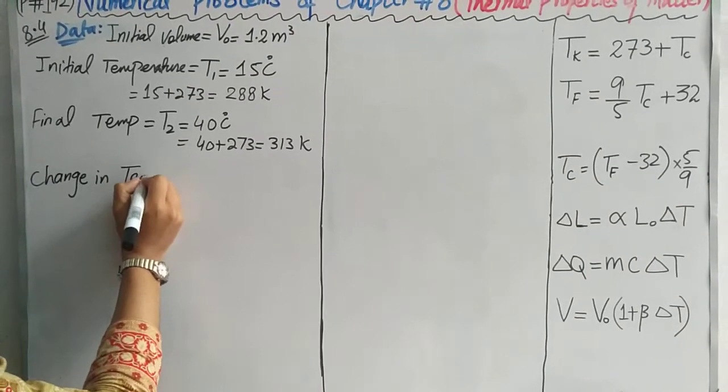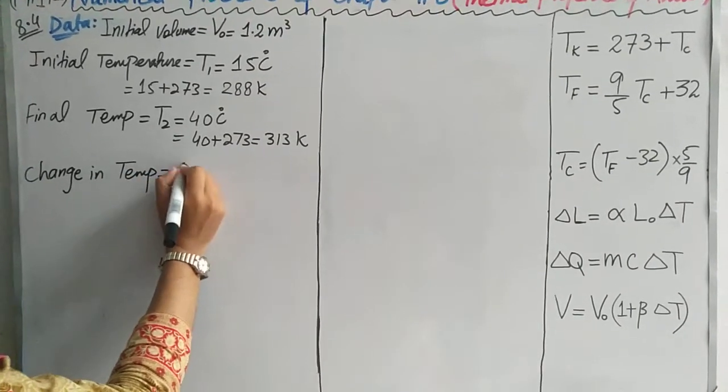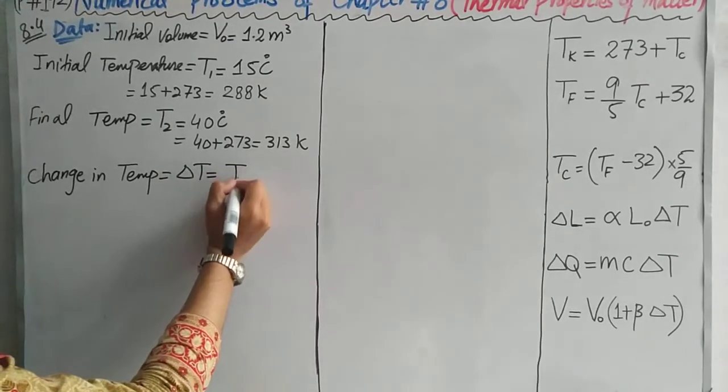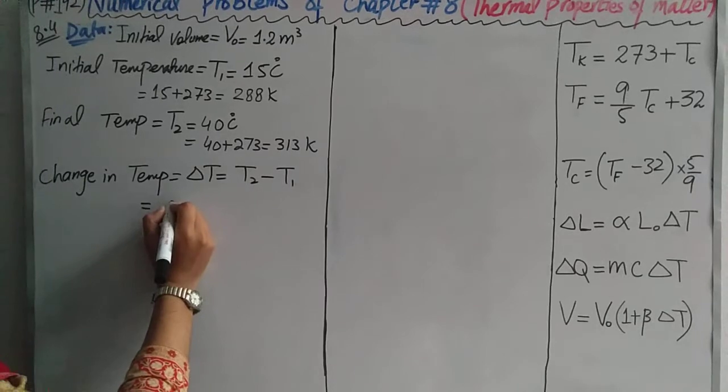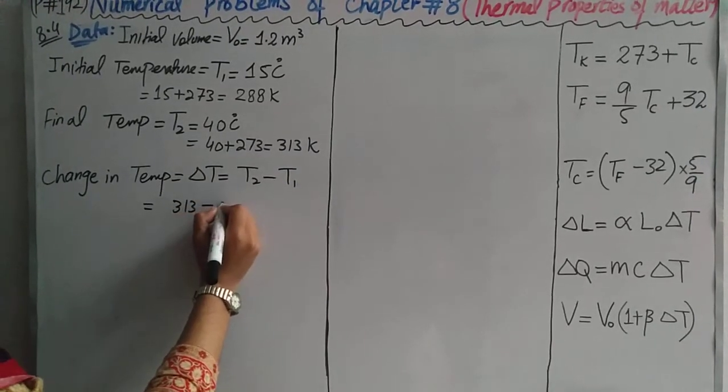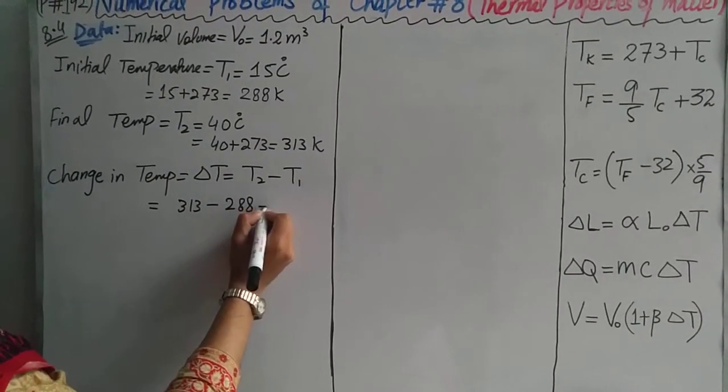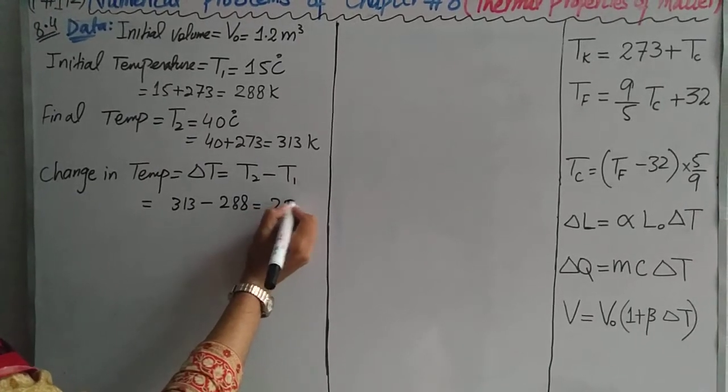Change in temperature is equal to delta T, that is equal to T2 minus T1. Now we have 313 minus 288, which is equal to 25 Kelvin.